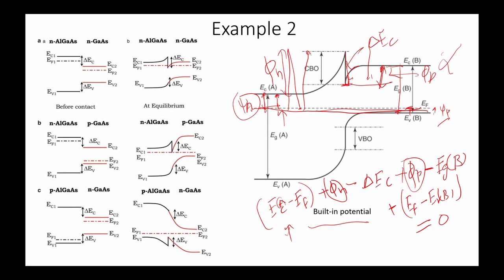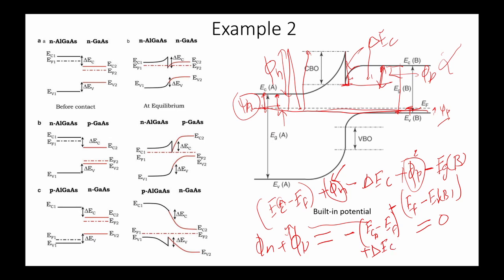So just keeping these two on one side, phi n plus phi p, let us send the rest to the other side, which is minus of EC of A minus EF, plus delta EC.